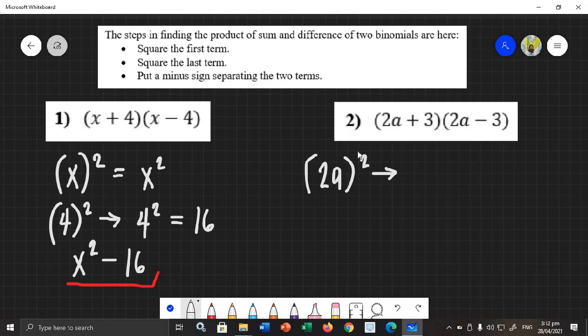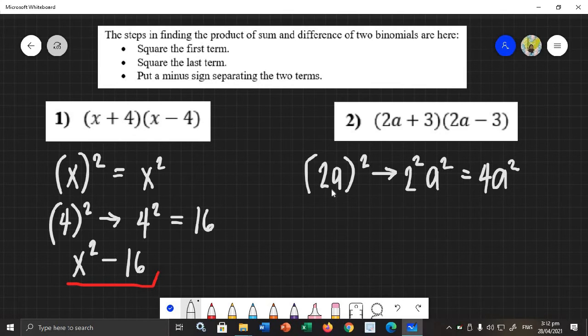Using the power rule in the laws of exponents, we distribute the exponent 2 to each term. So it will become 2 raised to the second power, a raised to the second power. We can still simplify 2 raised to the second power, which can be written as 4. Then let's copy a raised to the second power.